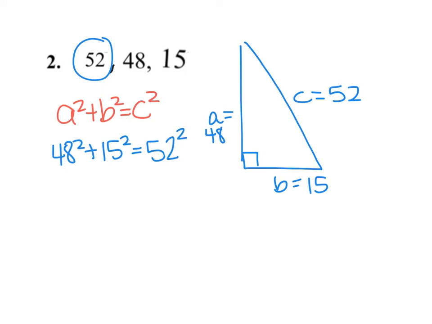All right, so 48 squared plus 15 squared is going to give us 2,529. And now is that equal to 52 squared? And that's going to give us 2,704. Because these are not equal, then no, this does not form a right triangle or the Pythagorean triple.